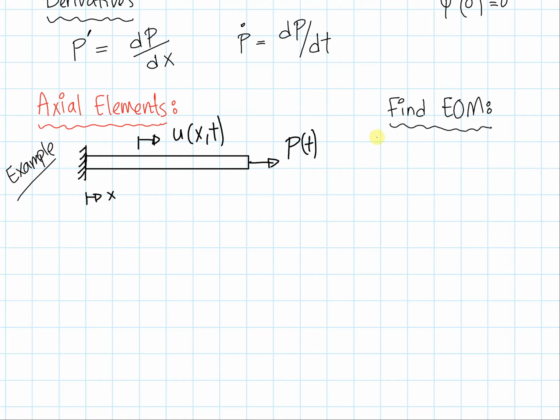And we need to specify the location along this axial element where we're finding the equation of motion for. So the equation of motion is being found with regards to this tip here, the tip of my axial element. And the question is also asking us to use two mode shapes to do this process.